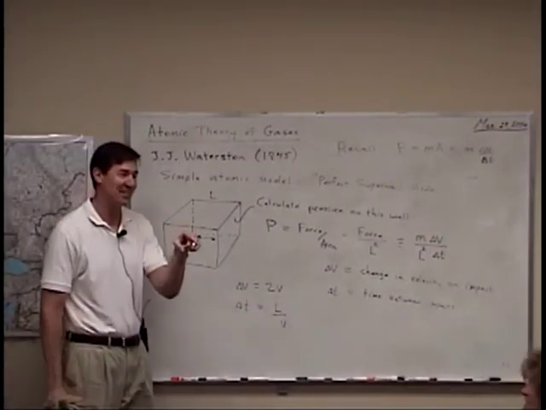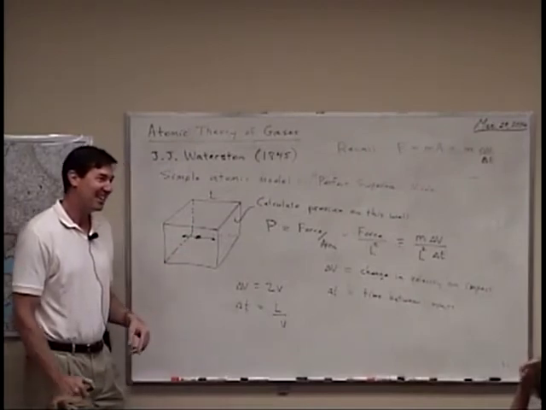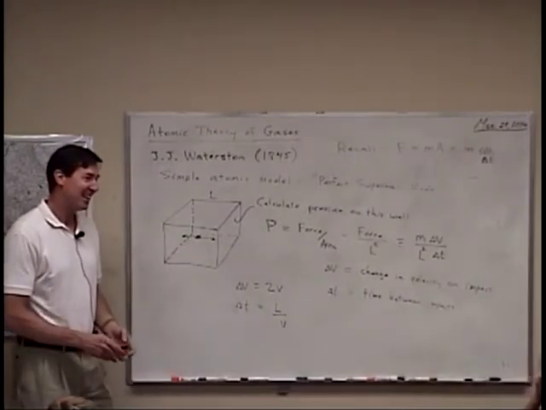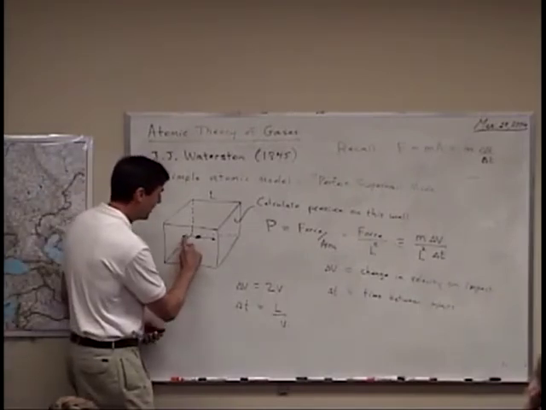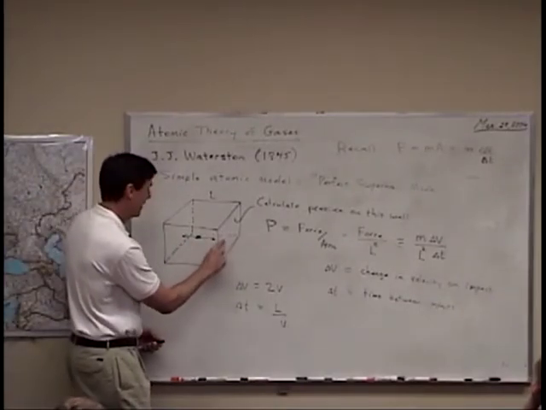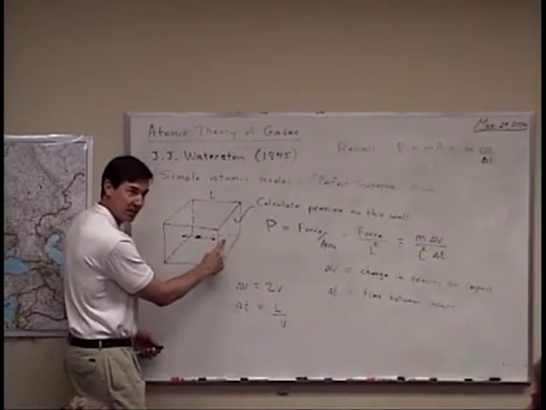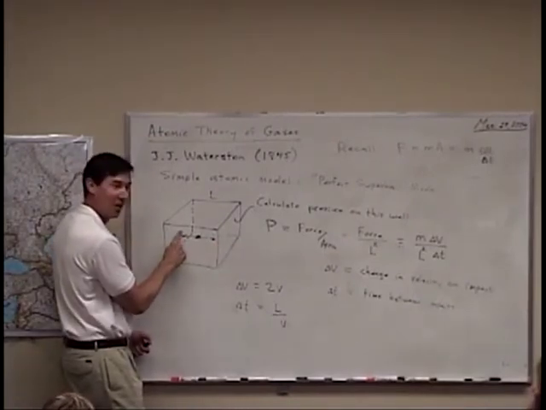Why 2L over V? Because it's not between the two walls, it's going between the walls twice. Right, it has to go against it after it bounces off this wall. What does it have to do before it hits it again? It has to go all the way to this wall.